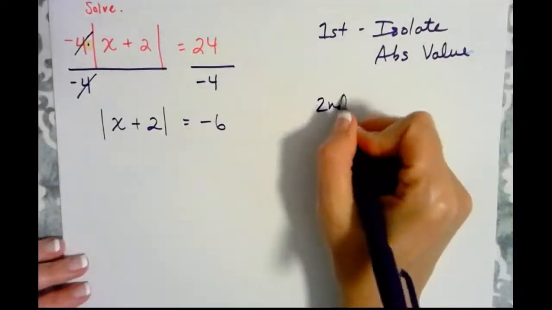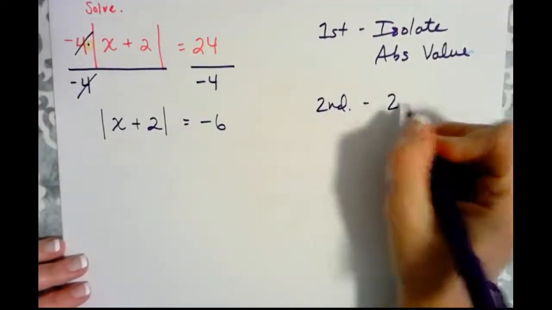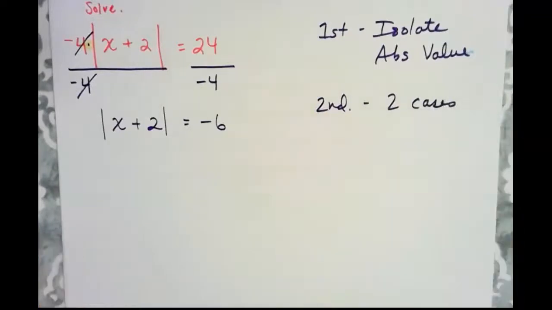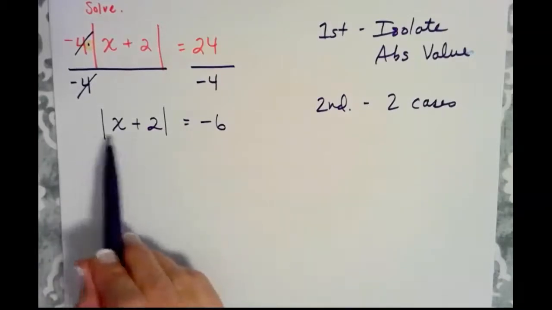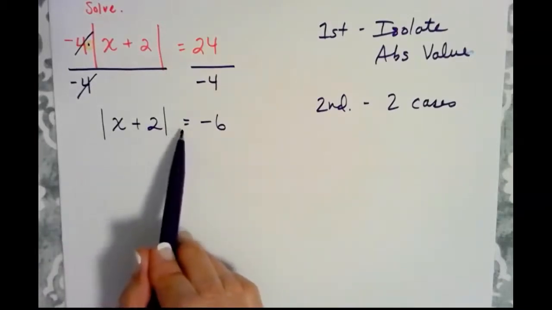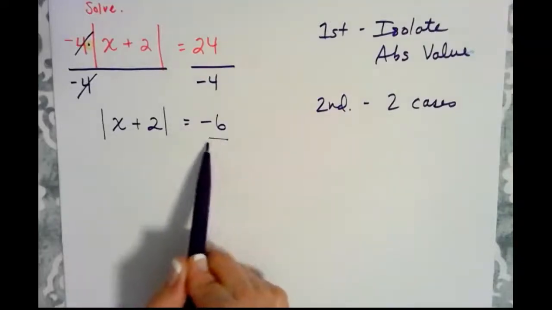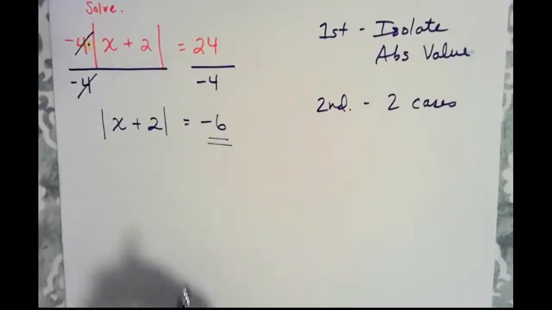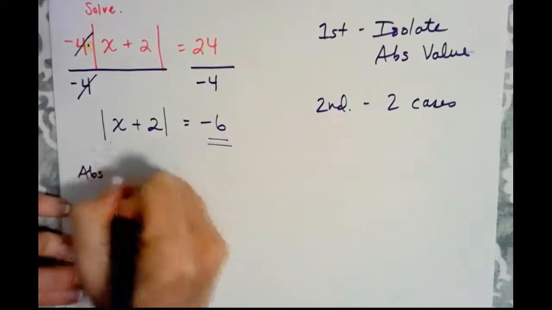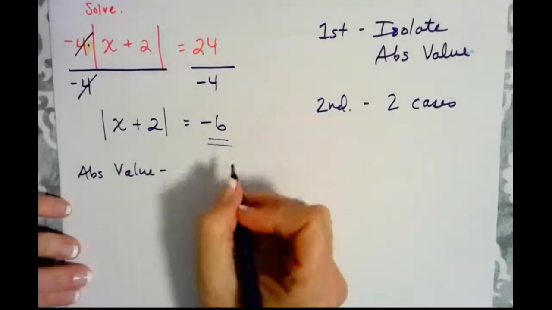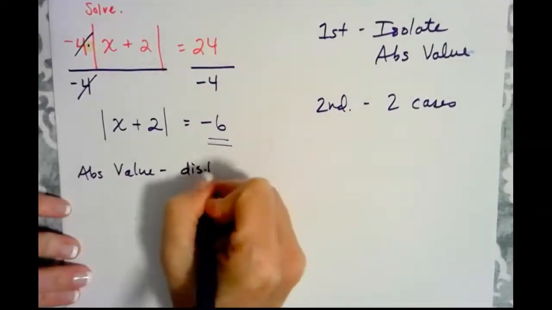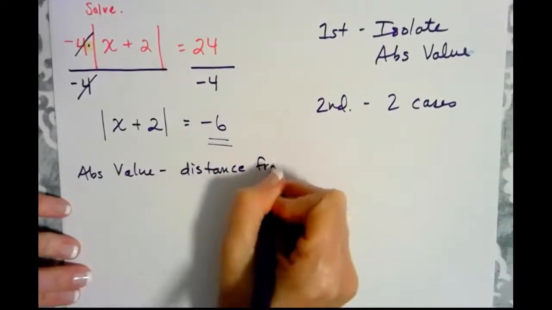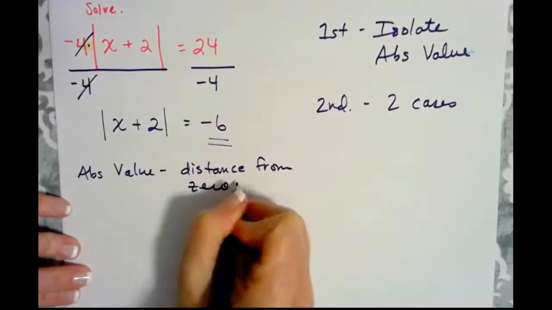So step 2 is to set up your two cases. But once again, we need to take a closer look as to what is given here. We have an absolute value set equal to a negative number. Now, if you recall, absolute value, by definition, is a distance from 0.